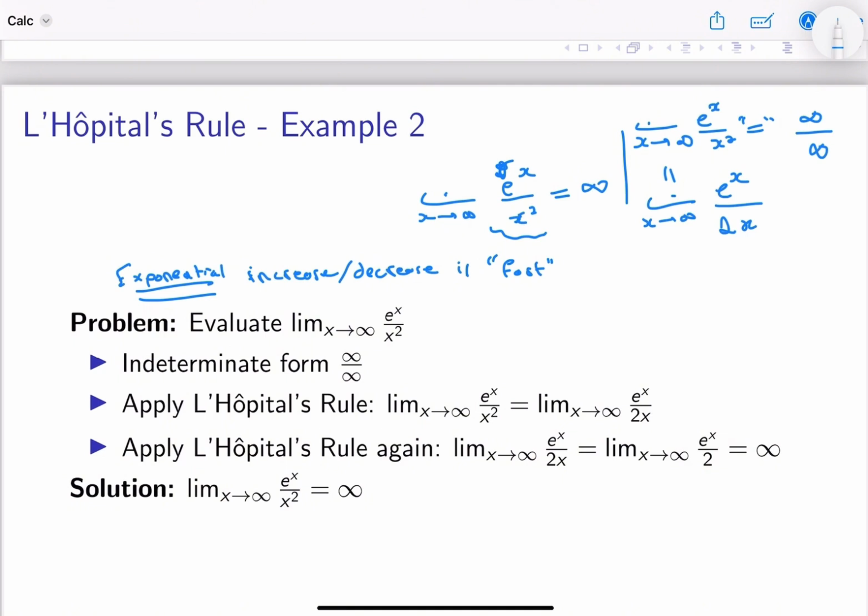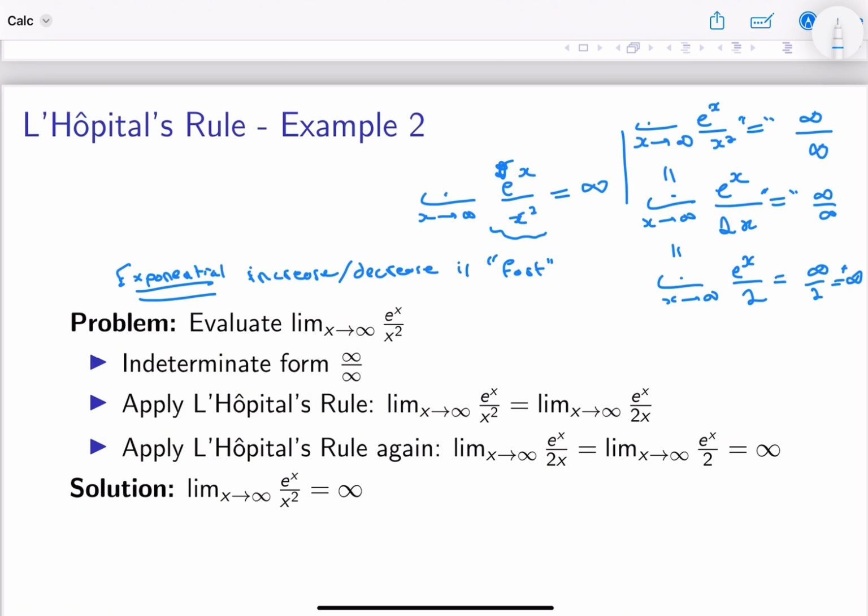If you evaluate now, this also has the form infinity over infinity, because it's e to the infinity over infinity, and thus you can apply L'Hopital's rule again. You get the derivative of the numerator over the derivative of the denominator, which is e to the x over 2 in this case. Now you plug things back in, and this is infinity over 2, which is infinity, namely plus infinity.